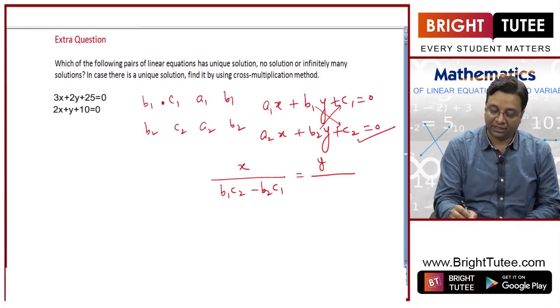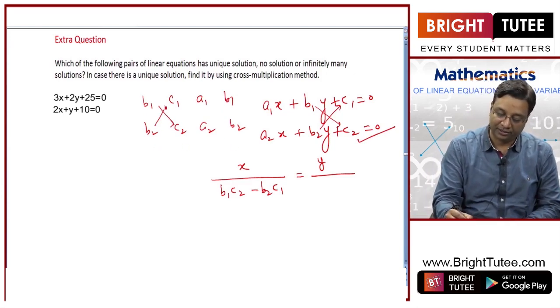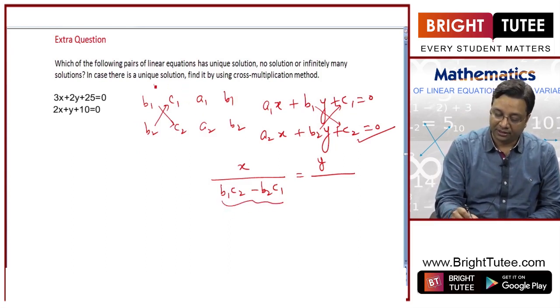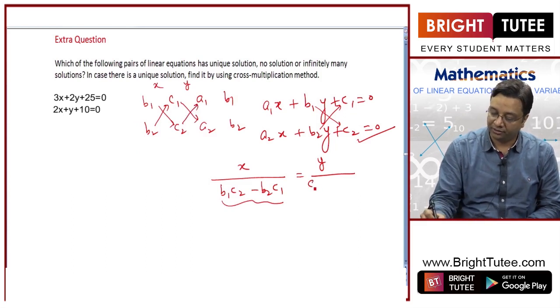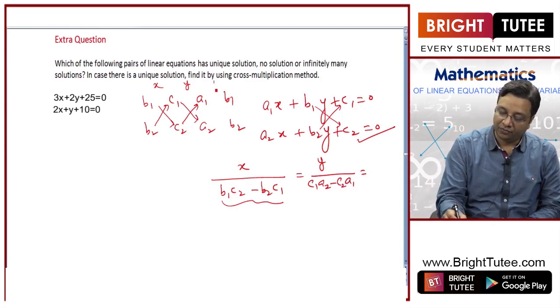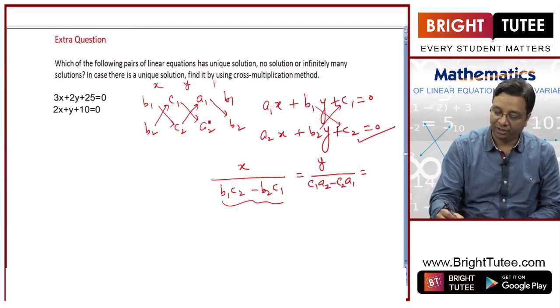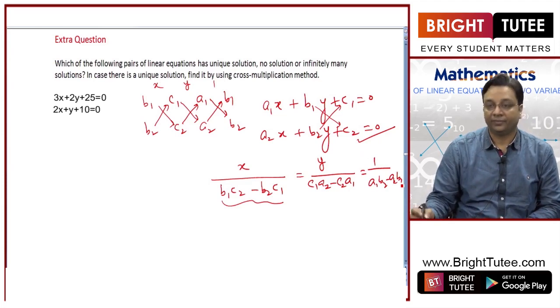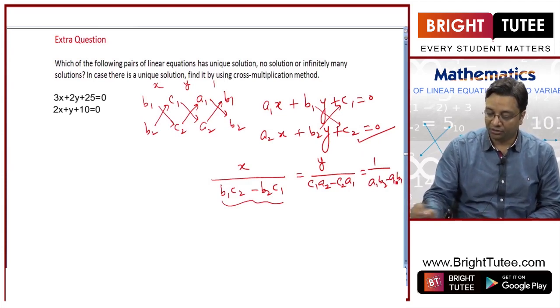So, you write the coefficients like this and then you multiply like this, b1 c2 minus b2 c1, and then c1 a2 minus c2 a1, and then 1 divided by a1 b2 minus a2 b1. So, this is how you will write these.